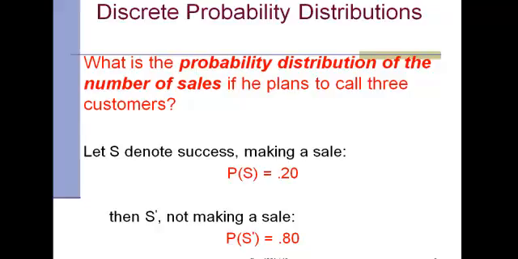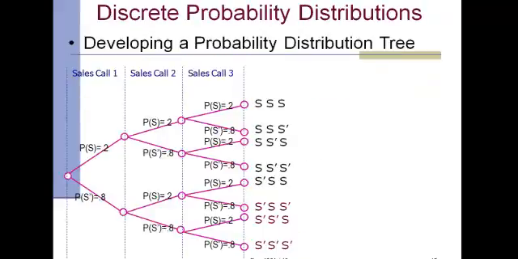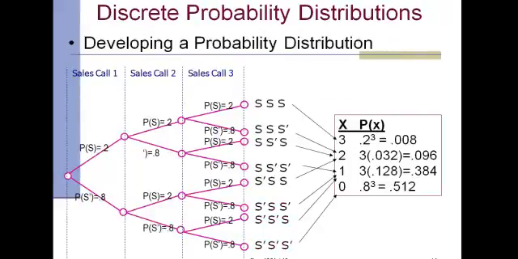Now, I don't want anybody to get freaked out when you see this next table or this next slide, but this is a way that you can depict, for example, the probability when you only have a small number of trials: 1 sales call, 2 sales calls, and 3 sales calls. And here are the values for X: no sales, 1 sale, 2 sales, and 3 sales.